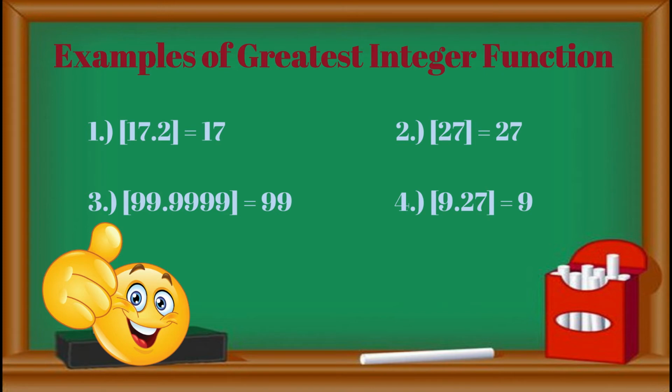The greatest integer less than or equal to 17.2 is 17. The greatest integer less than or equal to 27 is 27. The greatest integer less than or equal to 99.9999 is 99. And the greatest integer less than or equal to 9.27 is 9.